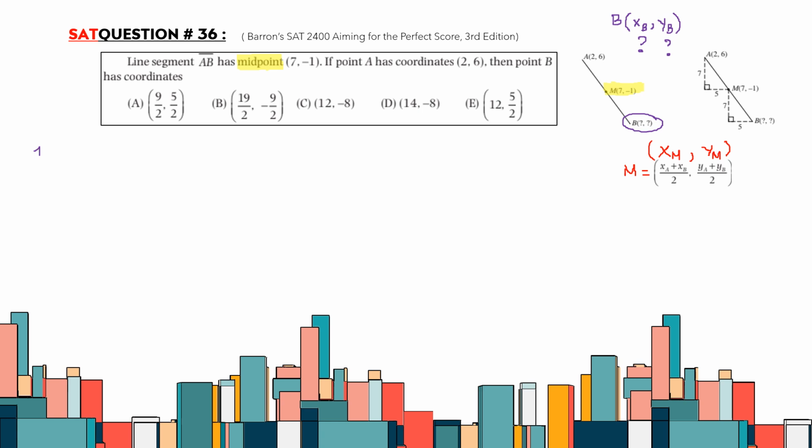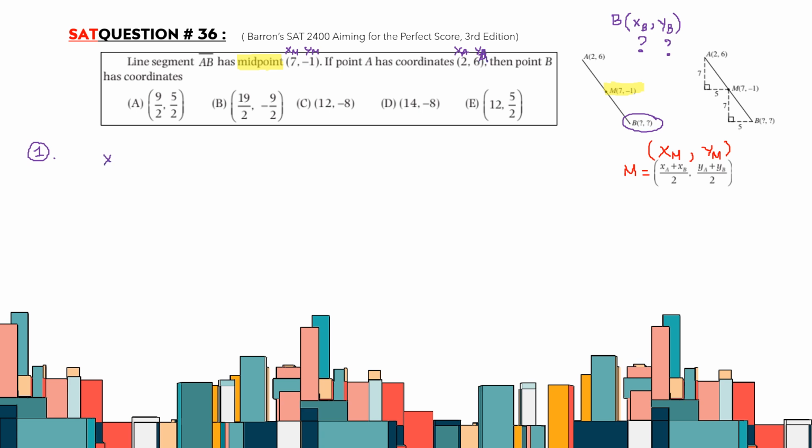Now let's calculate it. At first we know that the midpoint is x sub M, y sub M. That is the value. X sub M is equal to 7, y sub M is -1. This is x sub A, this is y sub A. So now we plug it in.